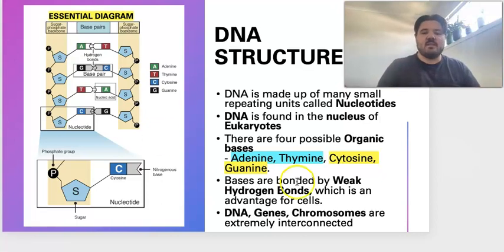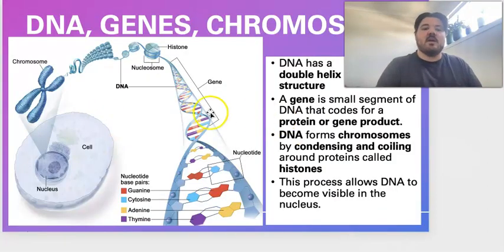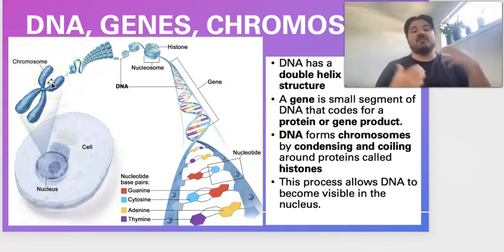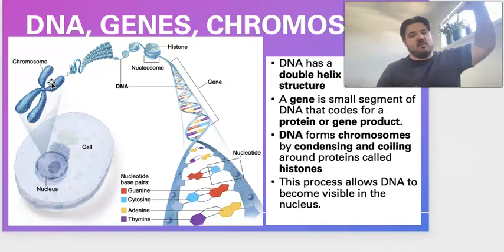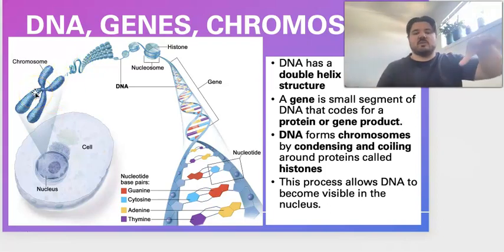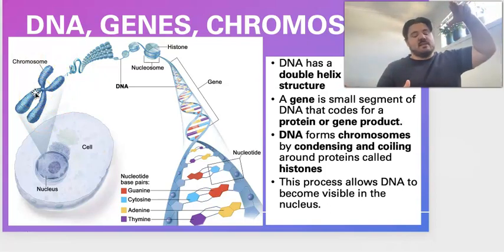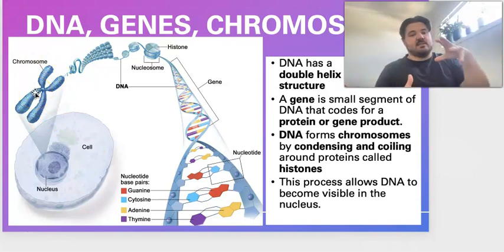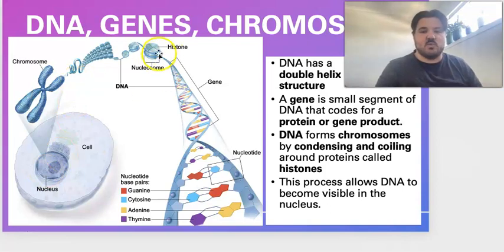Okay. And then chromosomes are the last one. So chromosomes is a little bit different. I think the next image will give me a bit of help here. A chromosome typically looks like this. And a chromosome is made of DNA and genes. Because genes are within the DNA double helix, when it wants to form a chromosome, and there's a specific point in time where it does this, the DNA starts to condense and coil, and it coils around these things called histones.